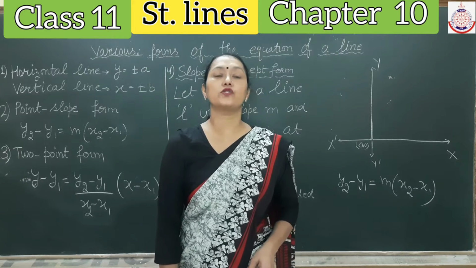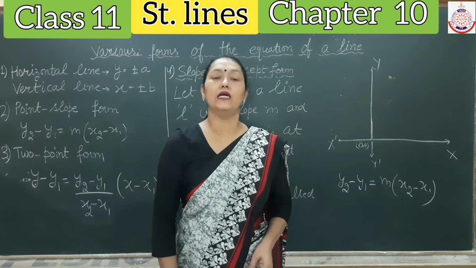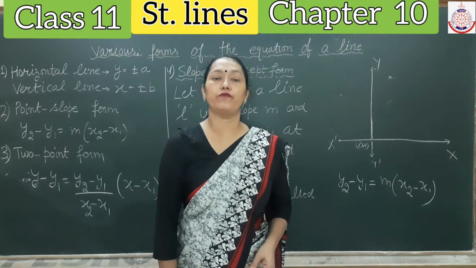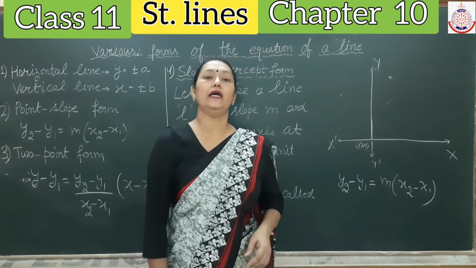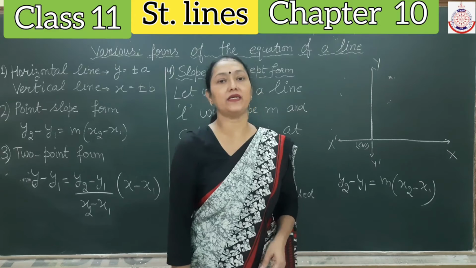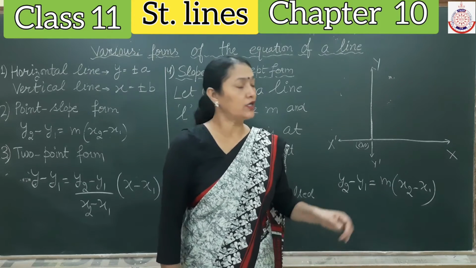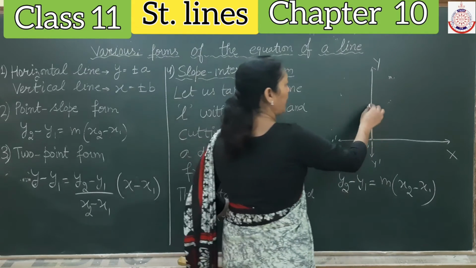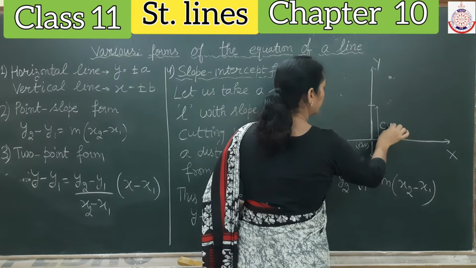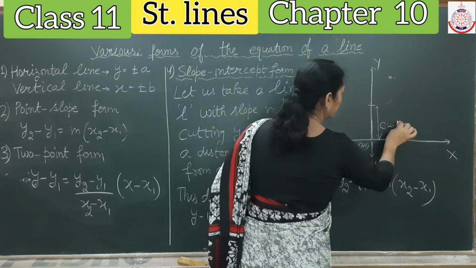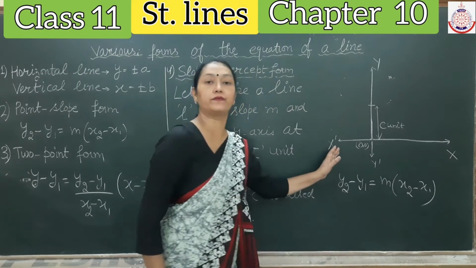Next one is slope intercept form. This form is used when a line with a slope m and intercept is given to us. Suppose we take a point at a distance of C unit from origin.